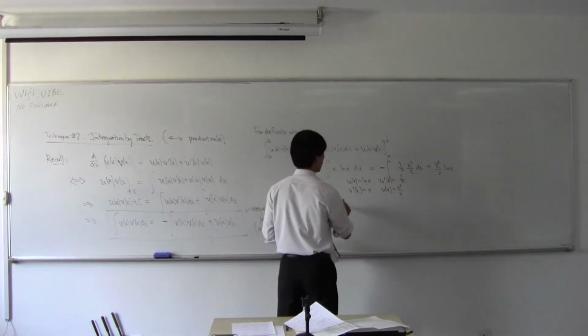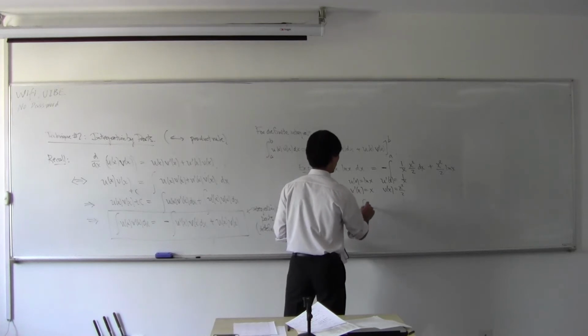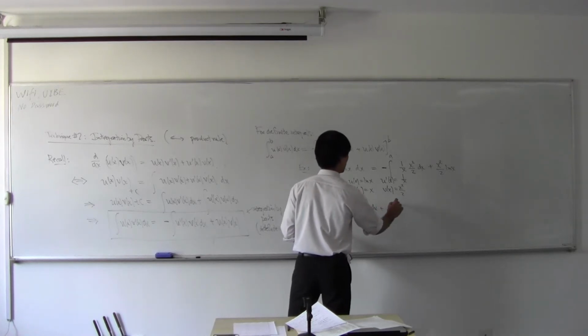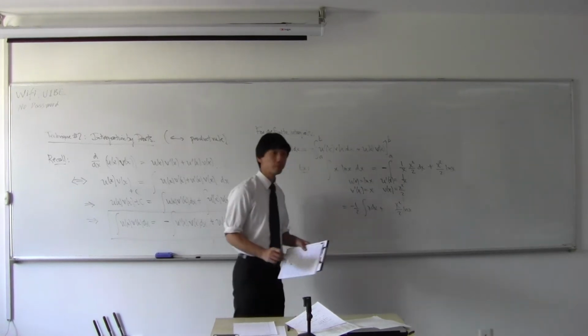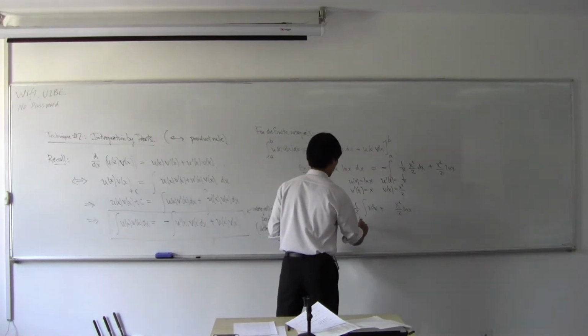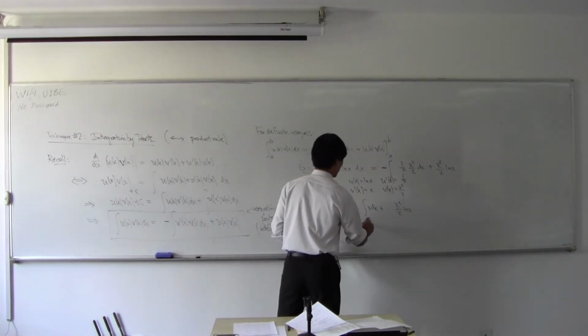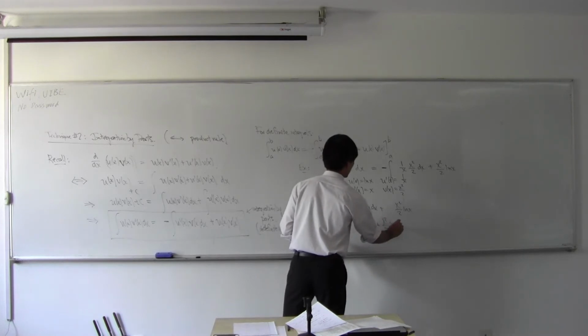So you end up with negative a half integral of x dx plus x squared over 2 natural log x. In other words, you get negative a half x squared over 2 plus x squared over 2 natural log x, plus a constant.